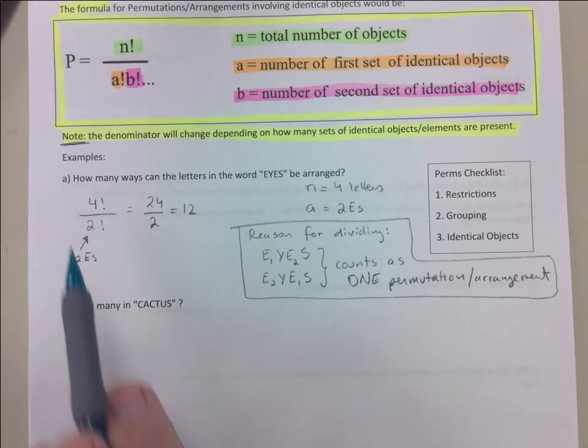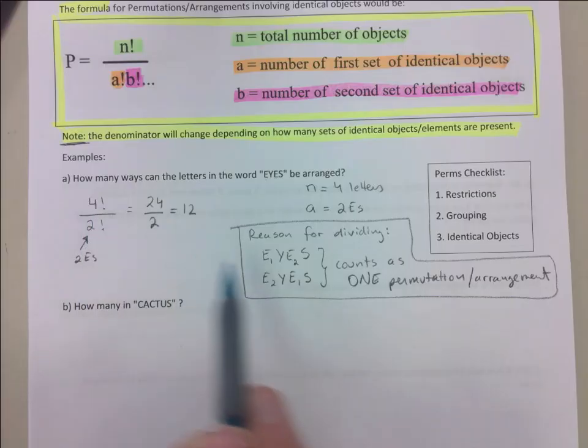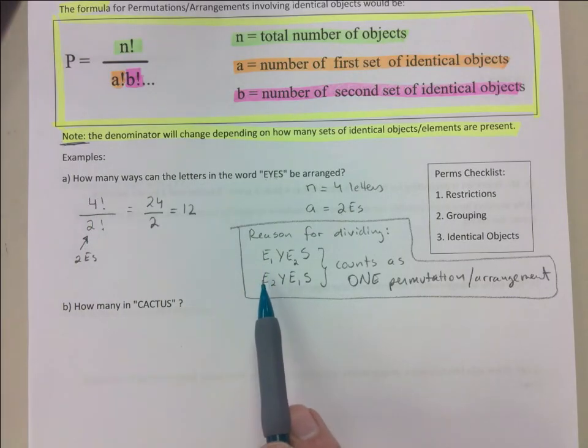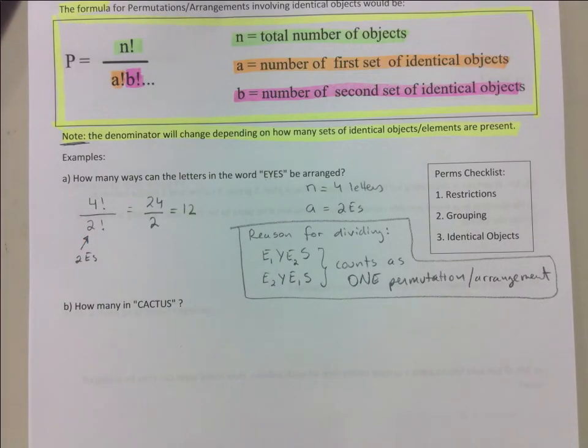We can't just say 4 factorial, because when we just do 4 factorial, we're counting these as 2 separate arrangements. However, they are not. They're identical, so we divide out the repetition. Okay, so let's do another one.